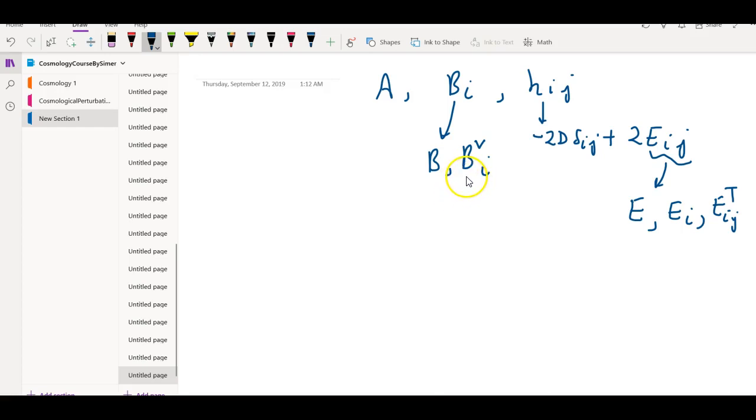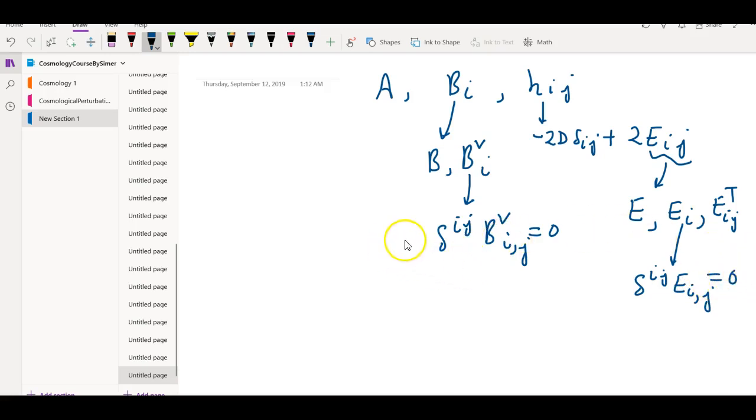On this B^V_i we have a constraint: its divergence is 0. That means B^V_i,i is 0, and we want this divergence to be 0. This is one constraint.